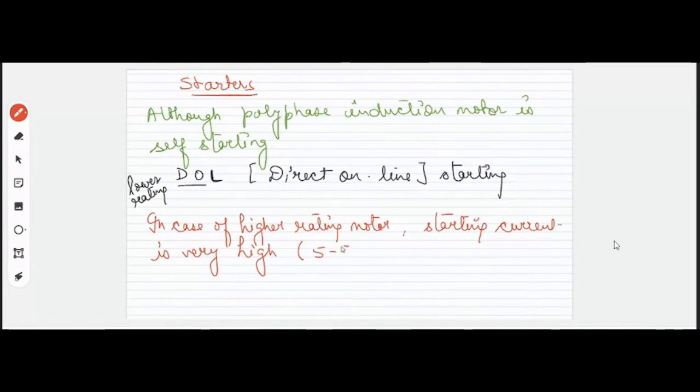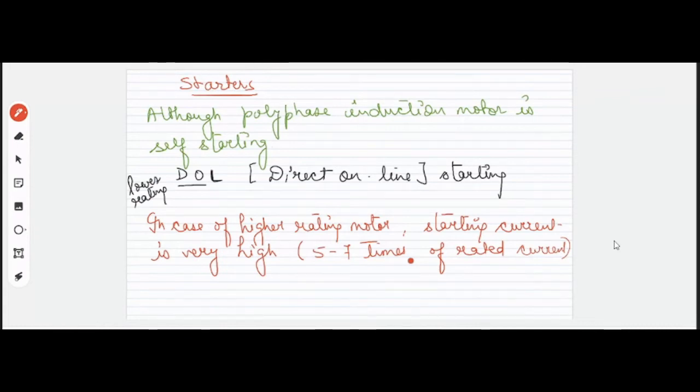That is around 5 to 7 times the full load current, the rated current, right? So to keep this starting current within a permissible limit, we use starters, right?